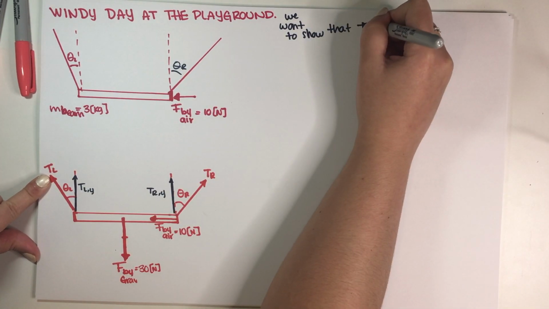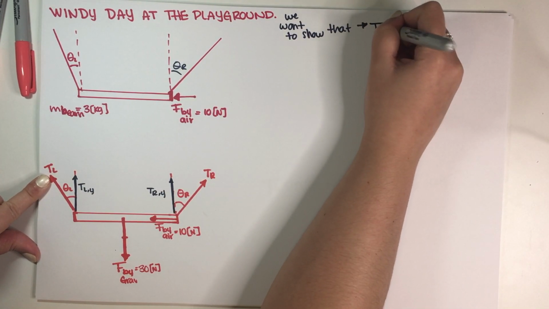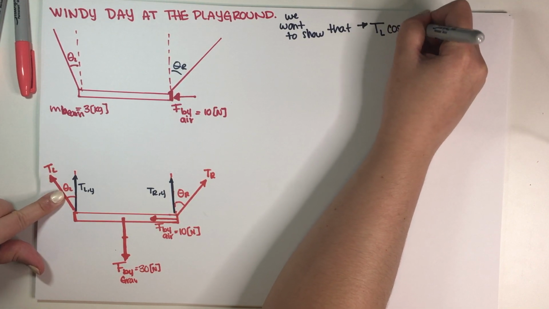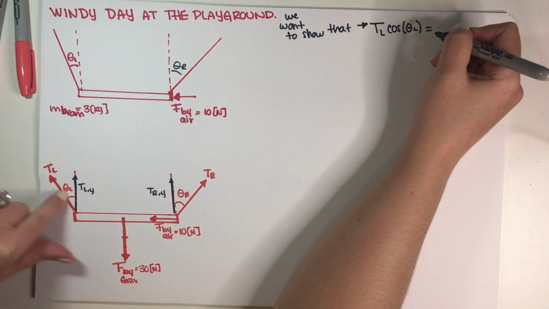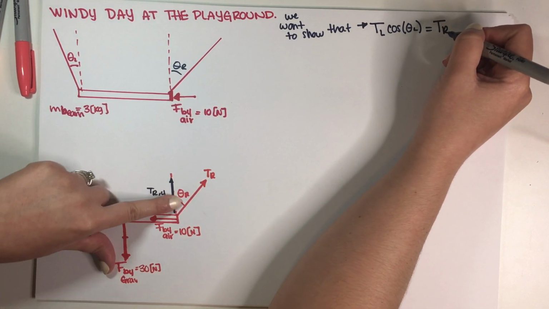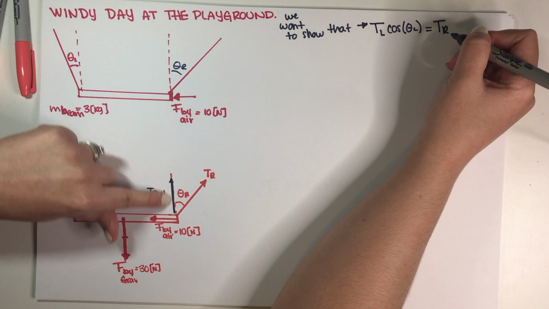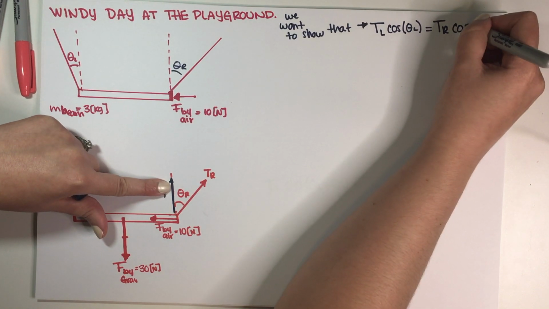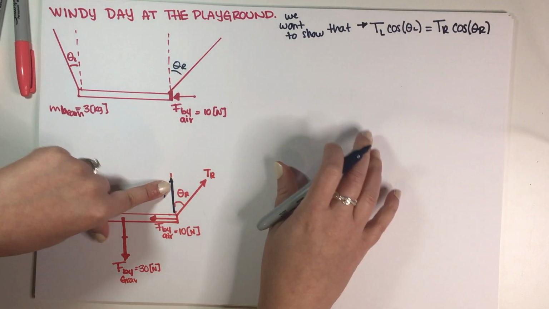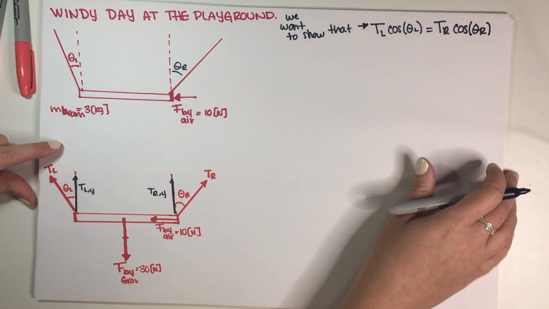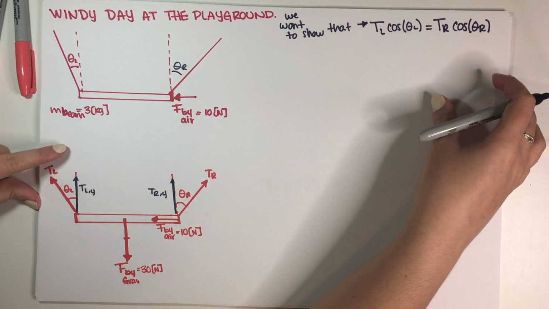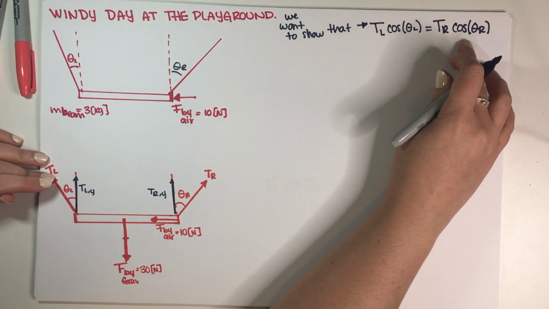So what we want is to show that TL magnitude times cosine of this angle is equal to T right magnitude times cosine of this angle. This is what we want. We haven't shown anything yet. We want ideally an equation that shows this.